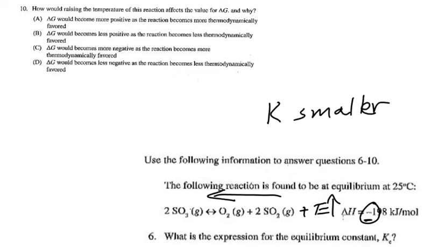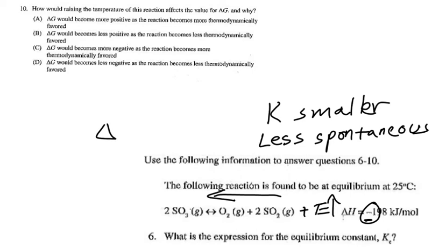The other thing is the reaction will become less spontaneous, or less favorable in the forward direction. So if it becomes less spontaneous, you have to remember what delta G is.